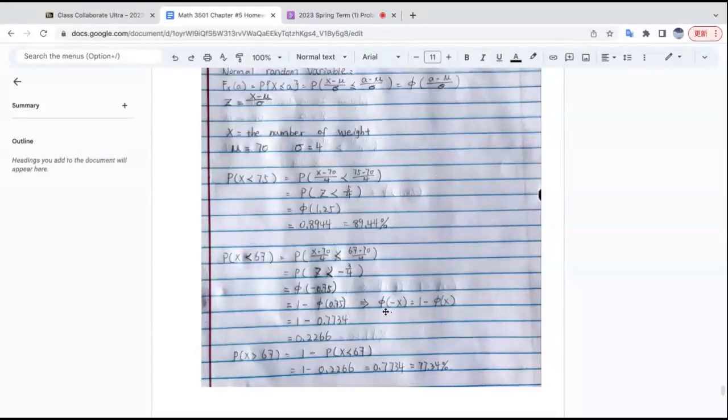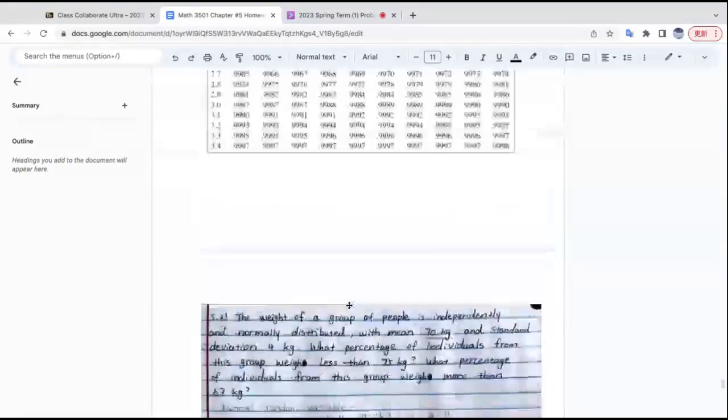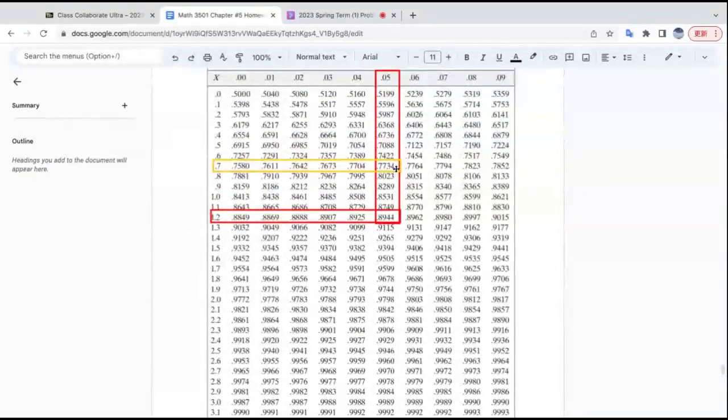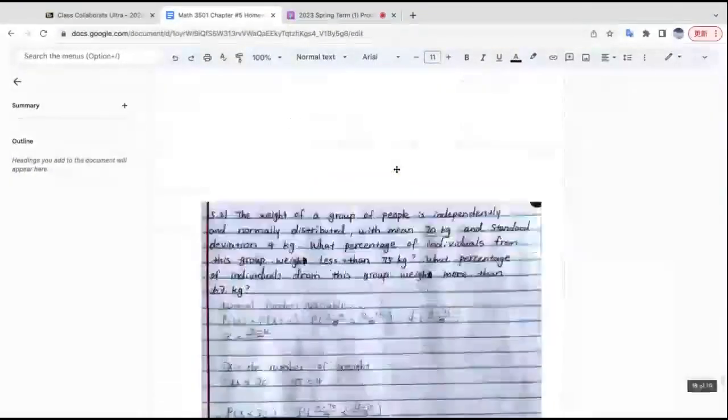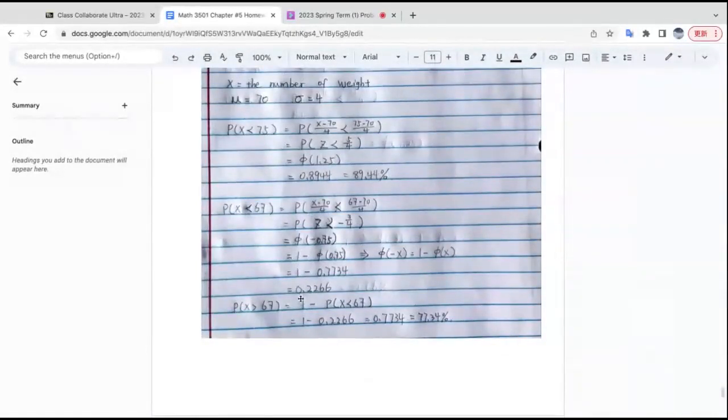By the formula that Phi of negative x is equal to 1 minus Phi of x, it's equal to 1 minus Phi of 0.75, which from the table is 1 minus 0.7734, so it's equal to 0.2266. And the probability of X more than 67 is equal to 1 minus the probability of X less than 67. So it's equal to 0.7734.